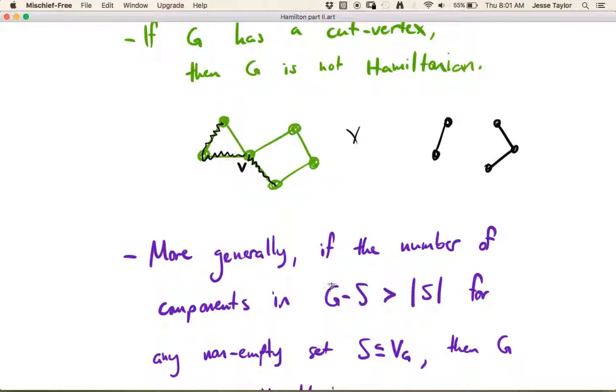So here, in purple, the set S is the single vertex V, and when you consider G delete S, this is the graph you get. It has 2 components, but that's bigger than the one vertex we removed. So we know that this is not going to be Hamiltonian, because we removed one vertex and ended up with 2 components. That's not okay according to this inequality.